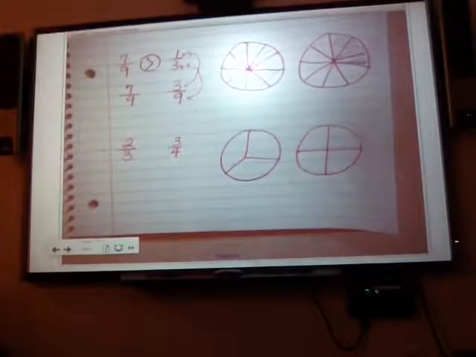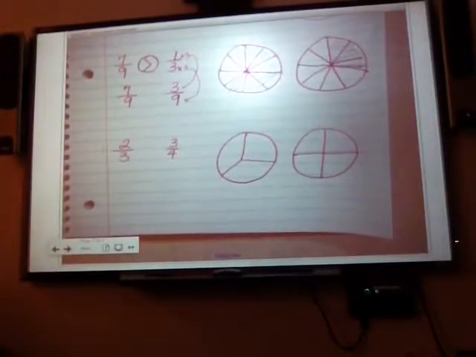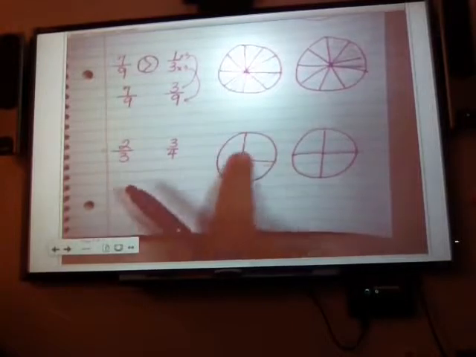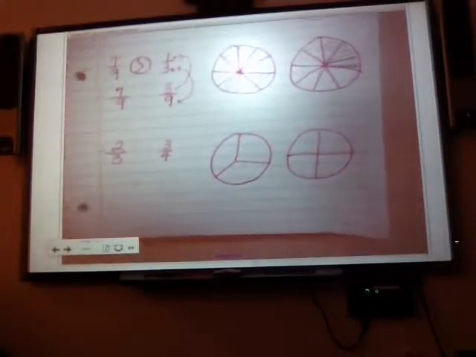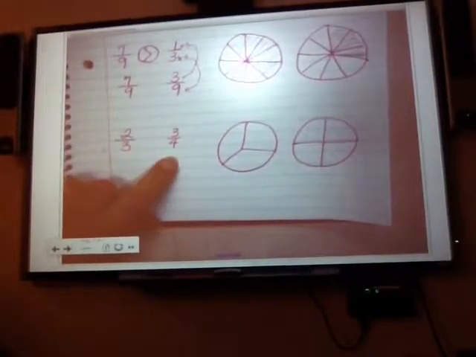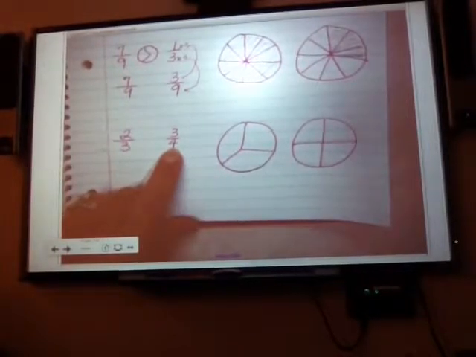No. I cannot put a 4th and a 3rd together. So I'm going to have to figure out how can I separate these or cut these even more so that they're able to be cut the exact same way in the exact same amount of pieces. So I'm asking myself, looking at my thirds, can a 3 make a 4? No. All right, well, let's go with my multiples of 4.